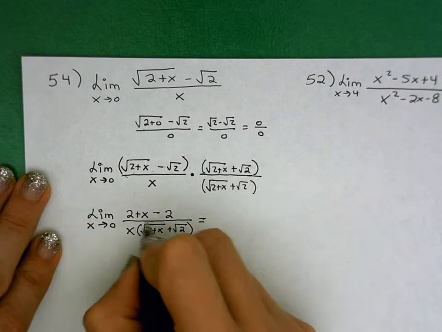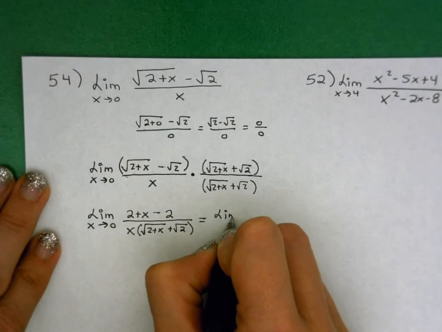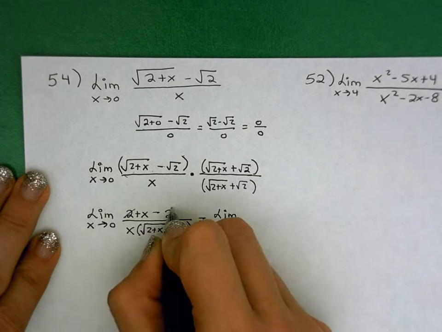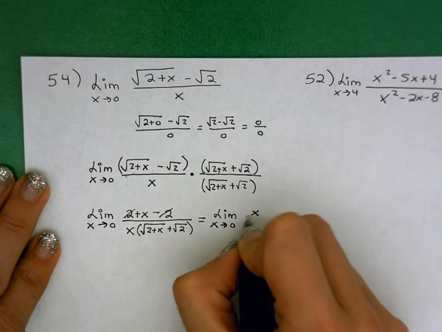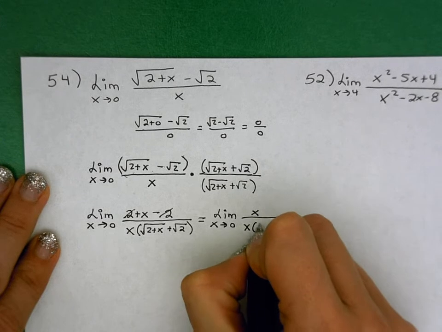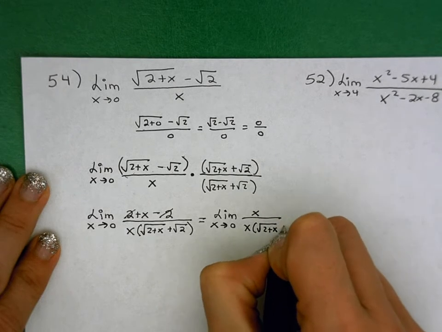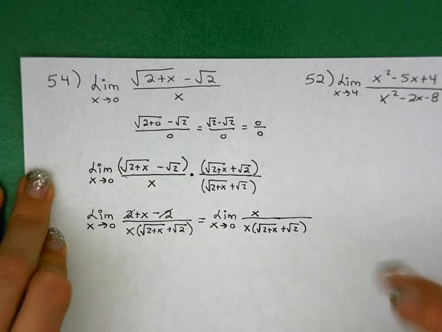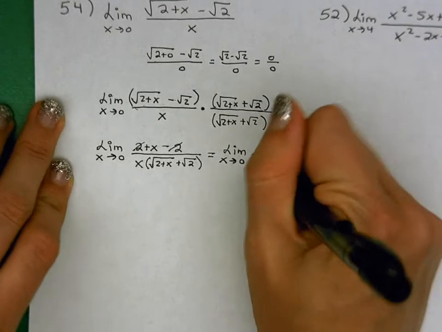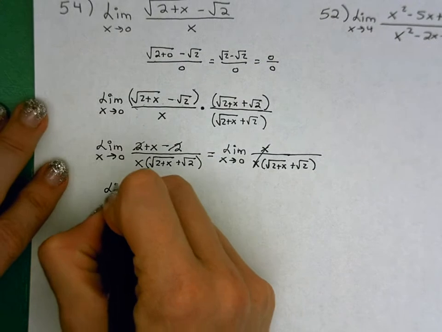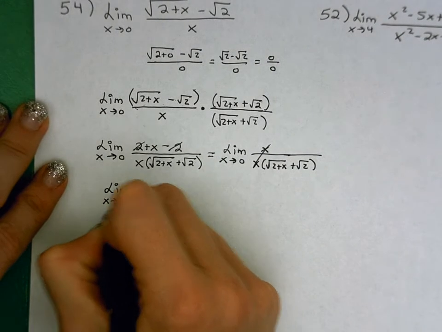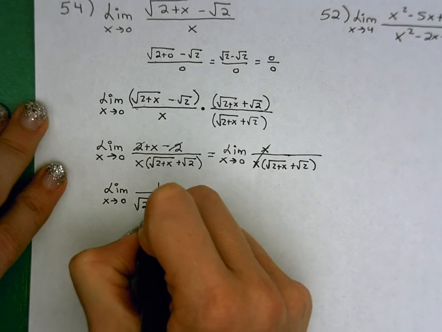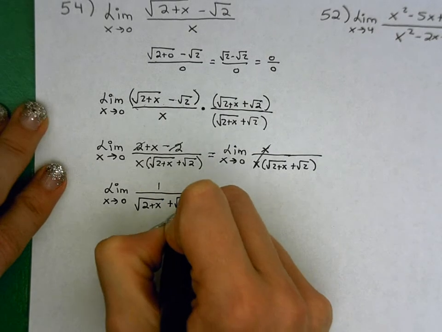The next simplification step I see, the limit as x approaches 0, 2 minus 2 is 0. And we're left with just x over x times the quantity root 2 plus x plus root 2. Which means the x's are going to cancel, so we're left with the limit as x approaches 0 of 1 over the square root of 2 plus x plus root 2.